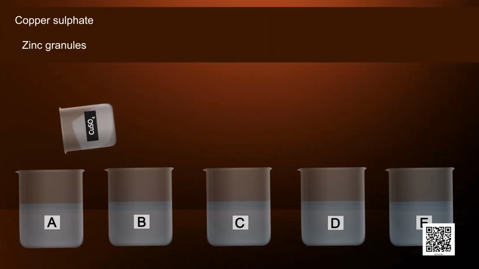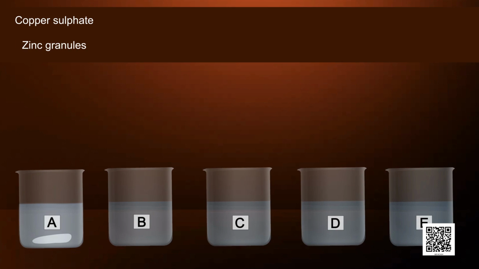Take 500 milliliter beakers and label them as A, B, C, D and E. Now take about 50 milliliter of water in each beaker. In beaker A, we put copper sulfate granules.